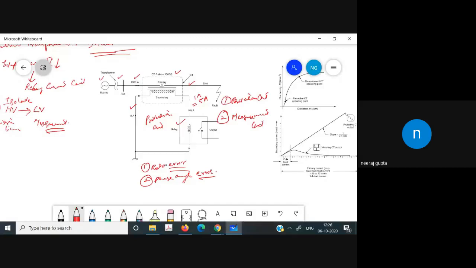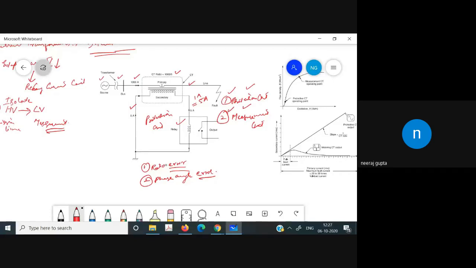So what's the difference between the CT which is used for the protection and the measurement? Anyone? Any one of you? So repeat: what's the difference between the CT which is used for the protection and the measurement?